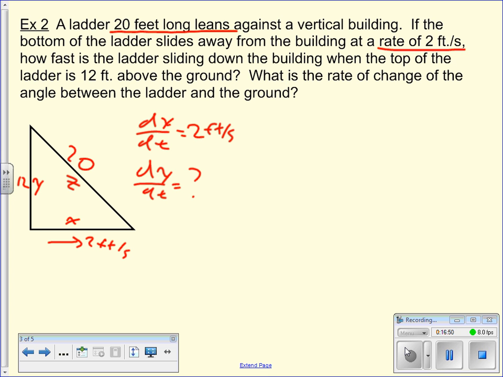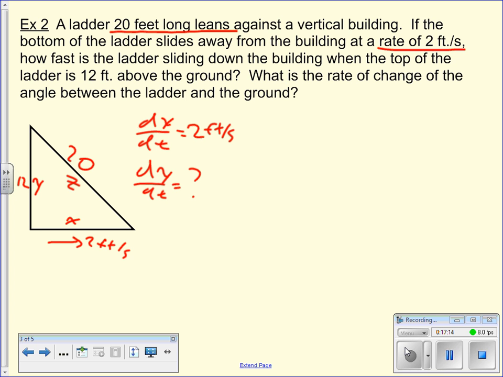Okay. We will need to know what x is. At the instant y is 12, z is 20, what is x? Pythagorean theorem, right? A 3, 4, 5 right triangle, multiply the 3 and the 5 by 4, you get 12 and 20, so it should be 16.